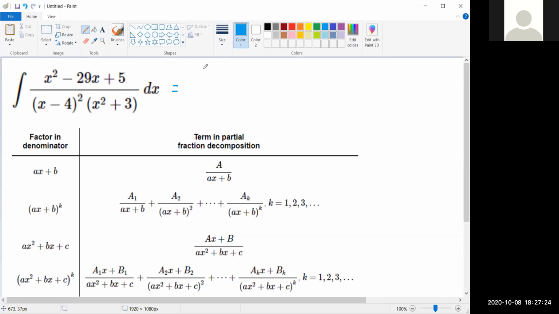So how many parts will we have? Let's deal with the x minus 4 squared first. Do you know what that term would give us? Is it x minus 4 and x minus 4?